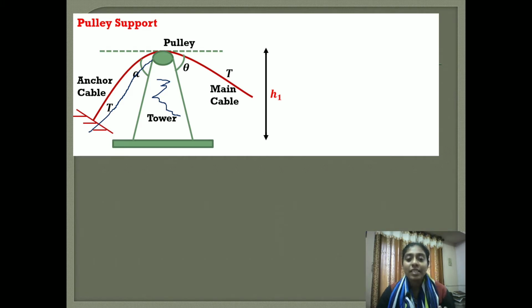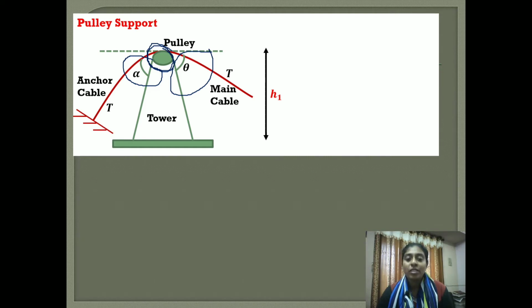So when we are considering the pulley support, we have an anchor cable. Now this angle, that is the angle between the main cable and the tower, is taken as theta, and the angle between the anchor cable and the tower is taken as alpha. Since it is a pulley support, you will have a pulley at the top of the tower.